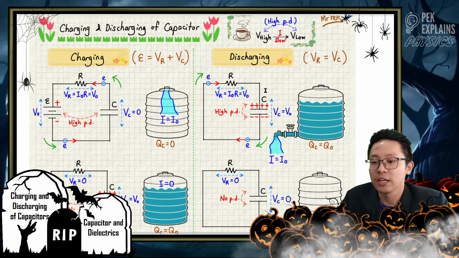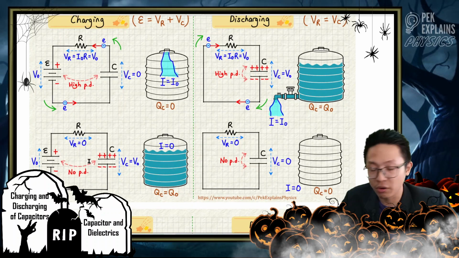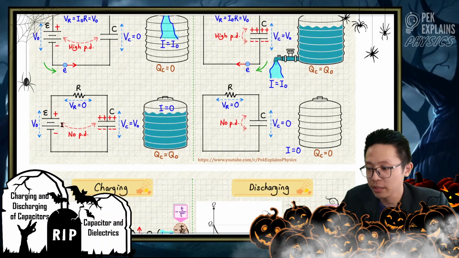For the discharging process, look at the electron flow. Which direction? It's just like you have already fully charged a capacitor. Now you remove the battery, left with only the resistor.